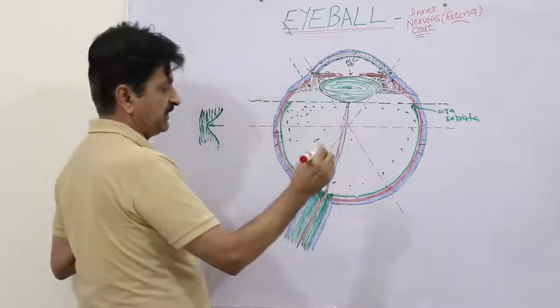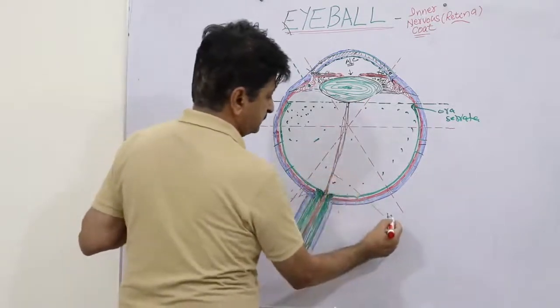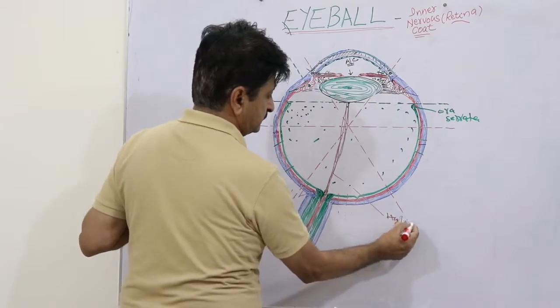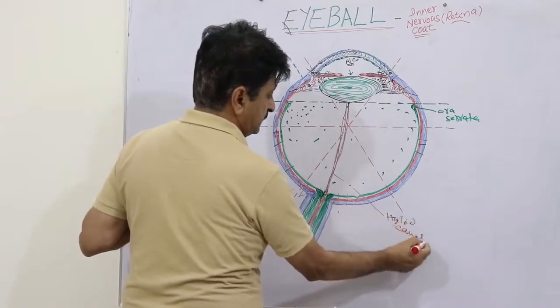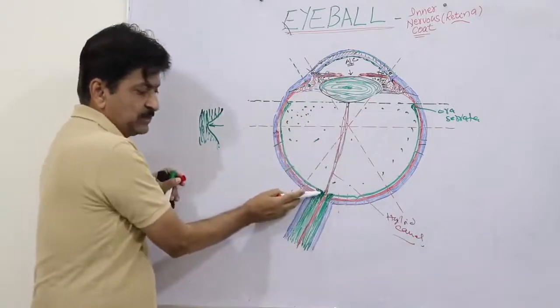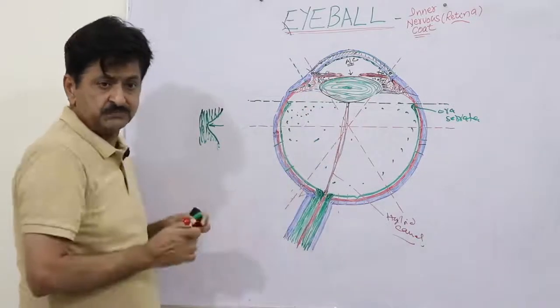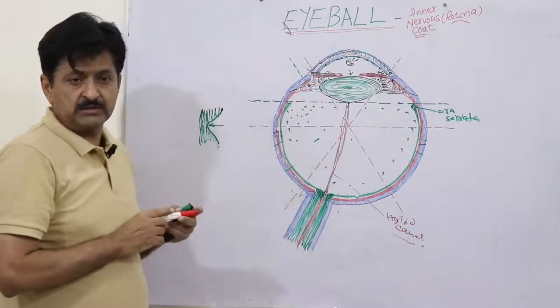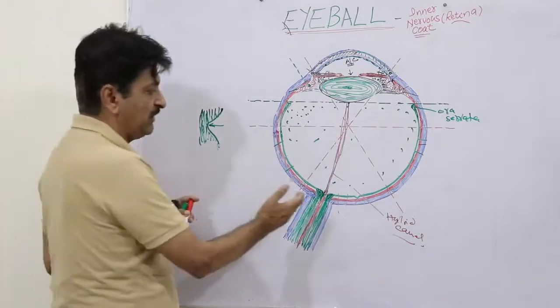This is called the hyaloid canal. In fact, the hyaloid canal starts where the central artery of the retina finishes. So, where the central artery of the retina finishes, the hyaloid canal starts.